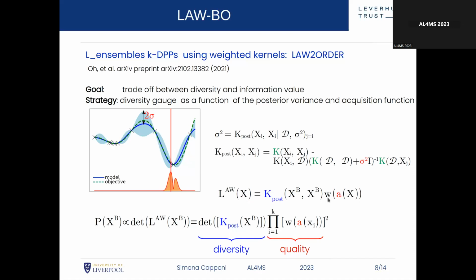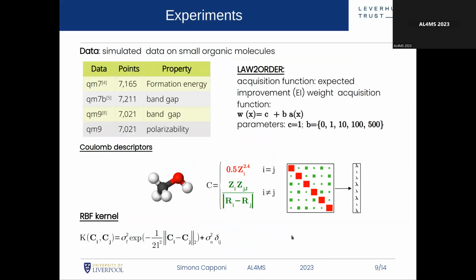And then it's still possible to prove that the probability of producing a certain batch set, if we define the diversity gauge like that, can be seen as a product of two terms, one which enforces diversity and which contains the posterior covariance, and one which contains the acquisition function and enforces the quality. So we rely on that work.